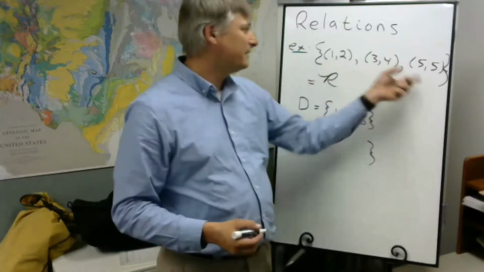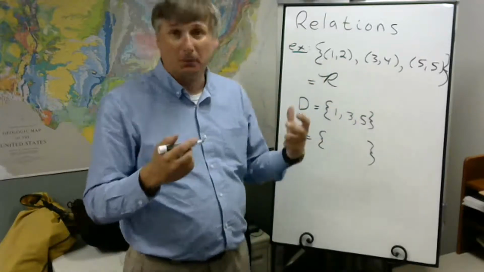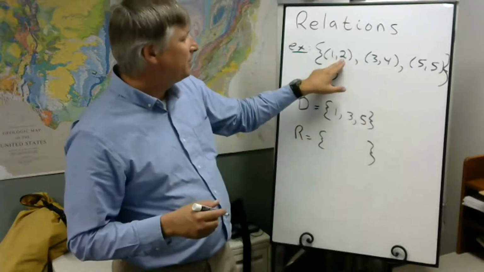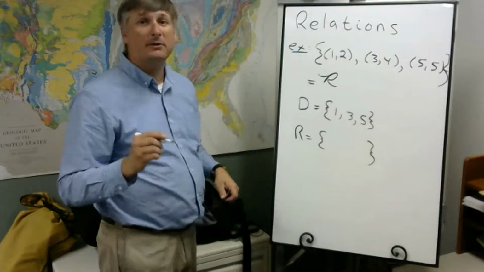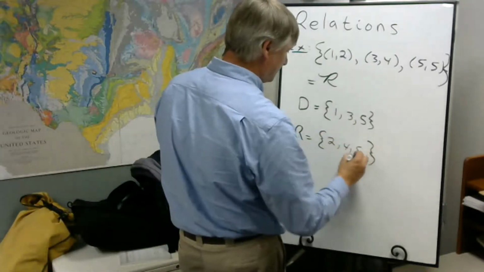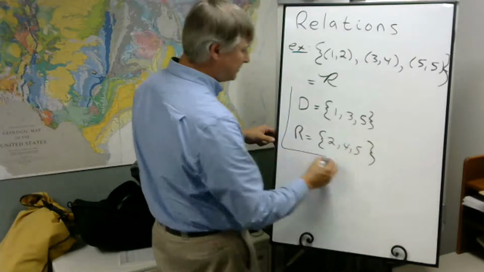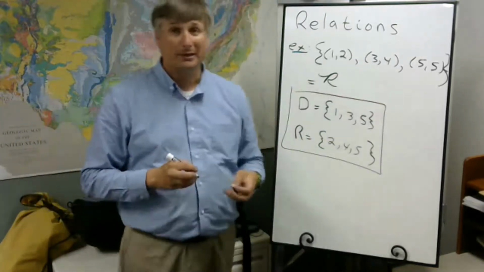There aren't a lot of input-outputs for this relation, but it makes it manageable. We have outputs of 2, 4, and 5, the second number in each ordered pair. So that would be the domain, and that would be the range for this relation.